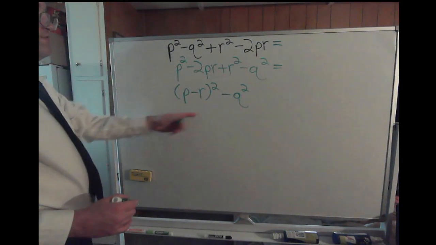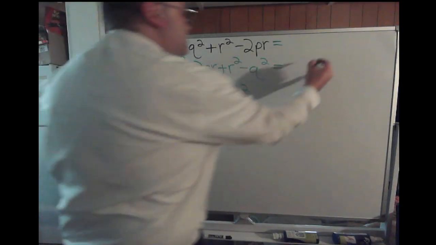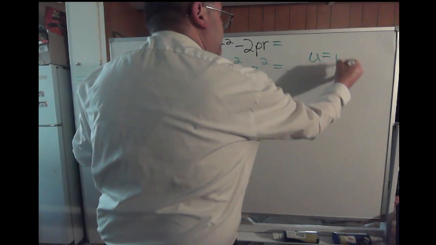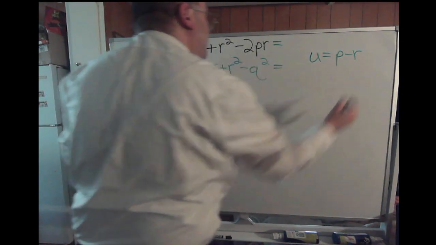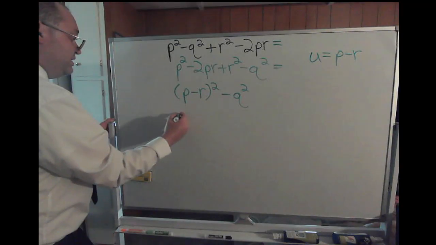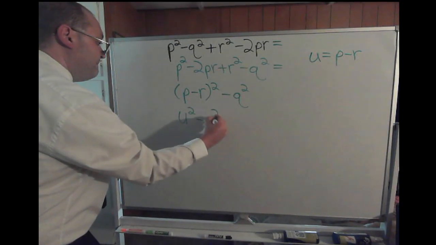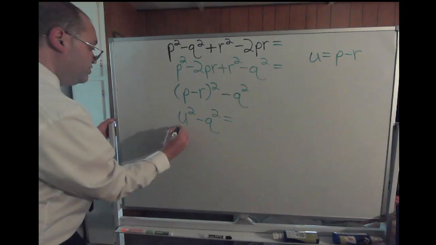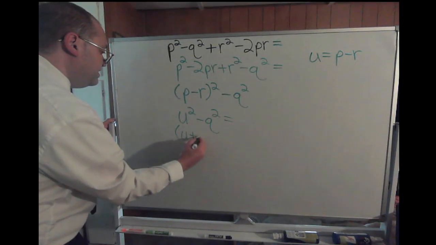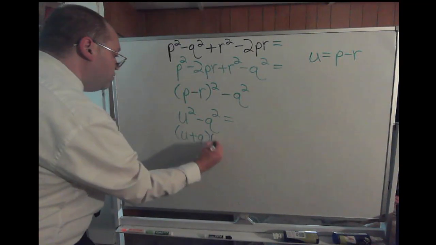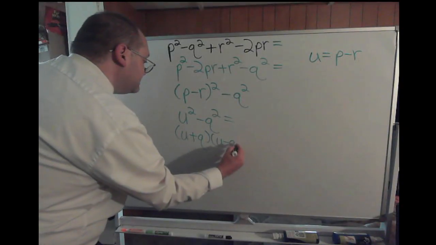Now you got something even more you can work with. So go ahead, let u equal p minus r. P minus r being u, that would be u squared minus q squared. Factor those, you get u plus q times the quantity of u minus q.